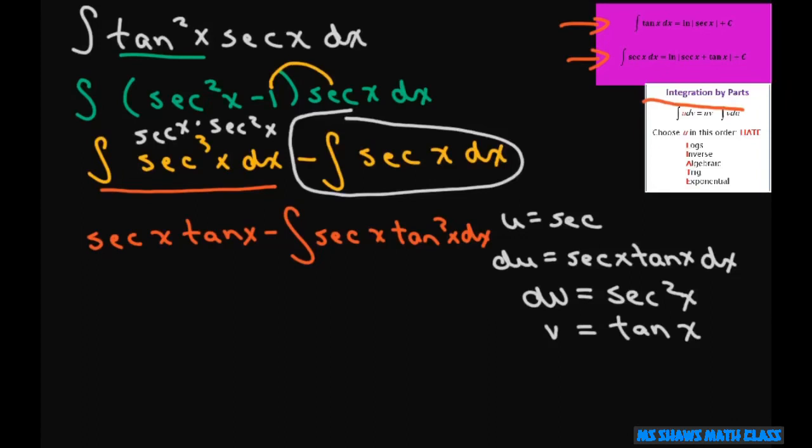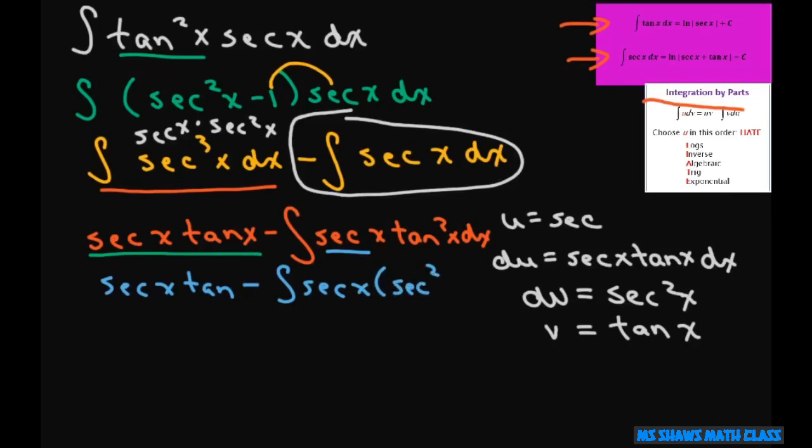Now, if I integrate, this first part we just still have secant x tan x minus, and I'm going to keep my secant x here and rewrite this as secant squared x minus 1 dx.